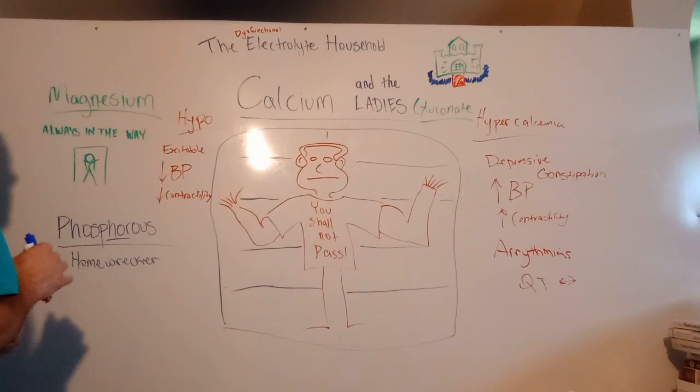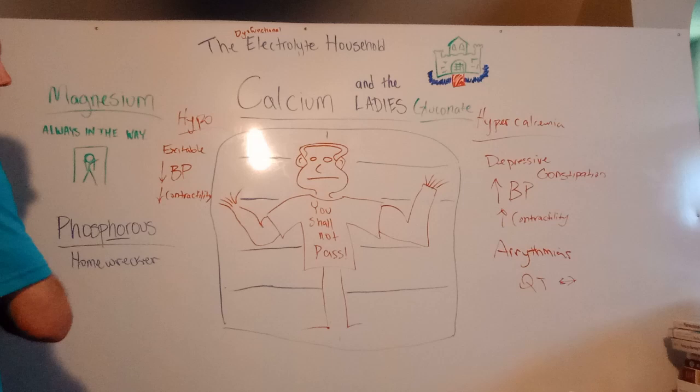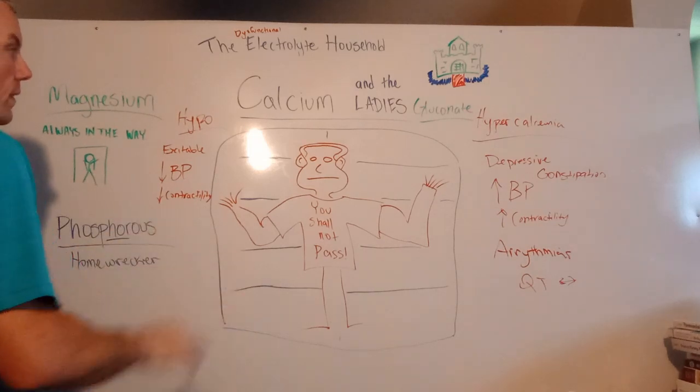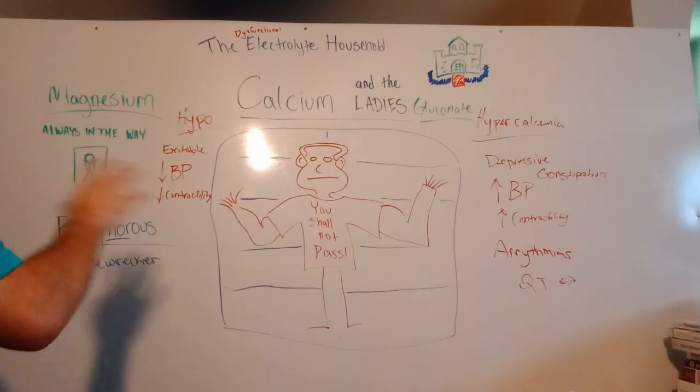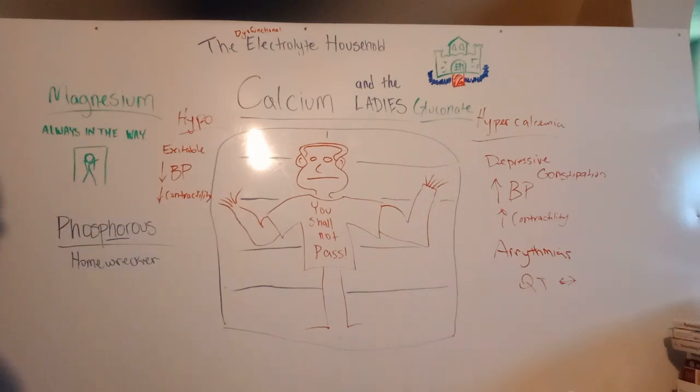Magnesium really influences the way calcium works on the body. A lot of magnesium's effects are less to do with magnesium directly doing something and more to do with causing either low or high calcium levels or interfering with calcium when calcium is trying to do things. Magnesium is always just trying to mess with calcium a little bit.